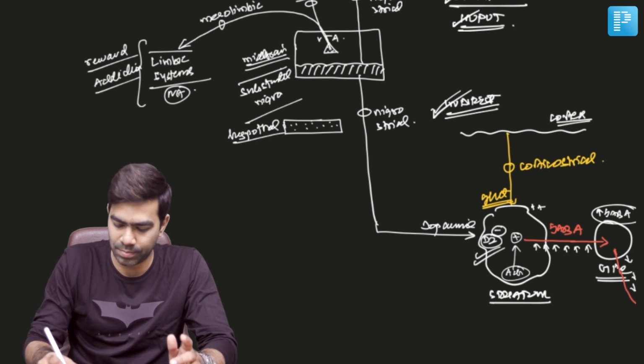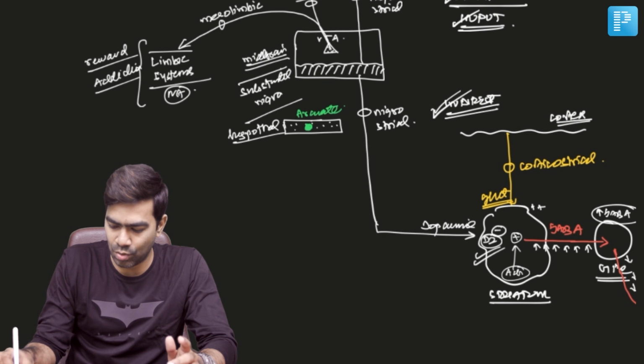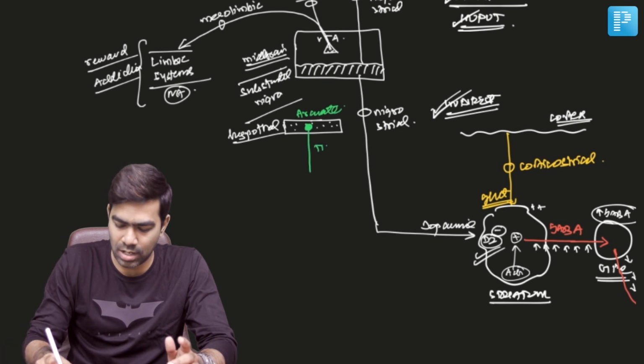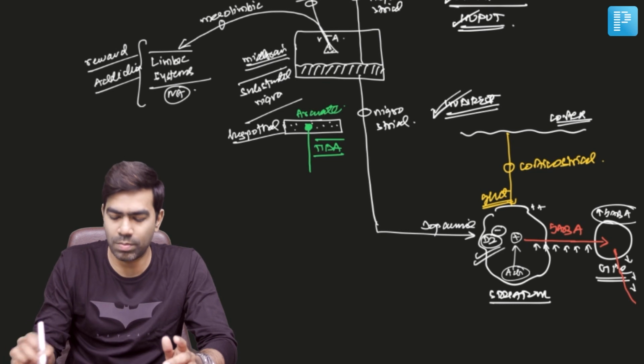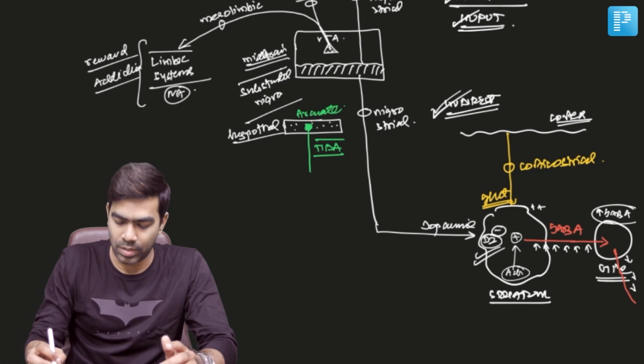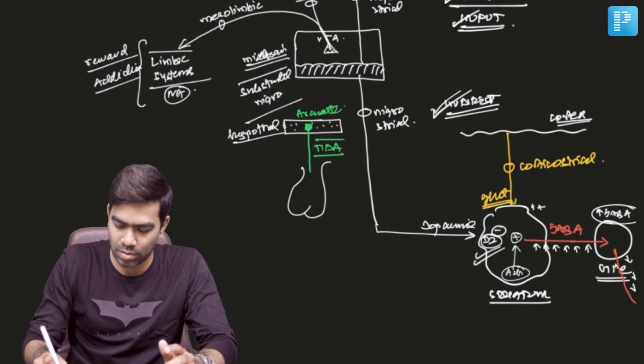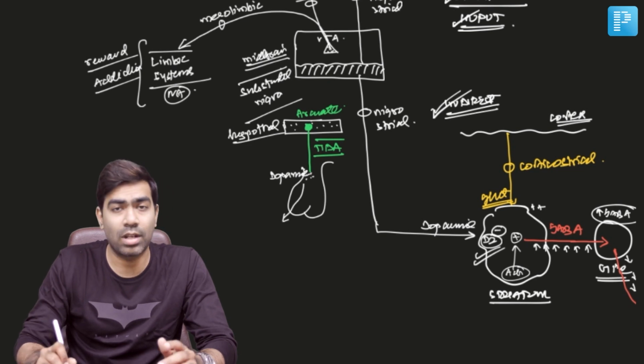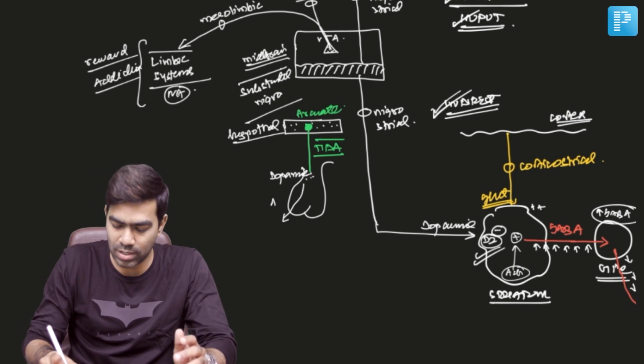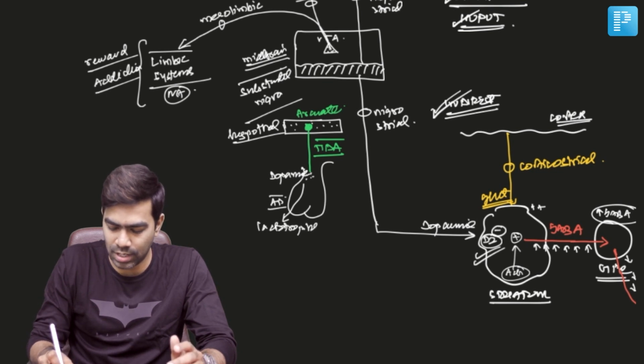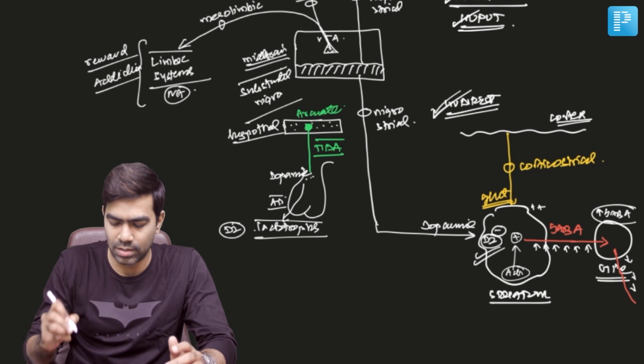In the hypothalamus, we have a very important nucleus called the arcuate nucleus, which contains a type of neurons called TIDA, that is tubero-infundibular dopaminergic neurons. And this is going to release dopamine that will be carried by the hypothalamo-hypophyseal portal system towards the anterior pituitary, where it's going to act on the lactotrophs, which contain the D2 receptors.